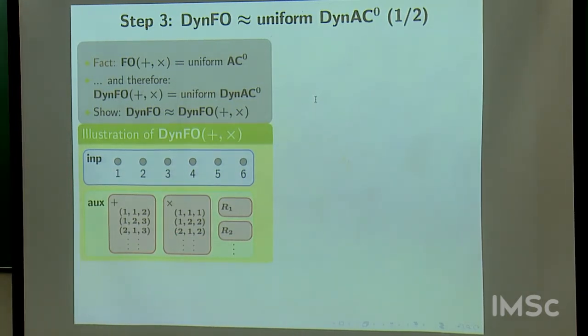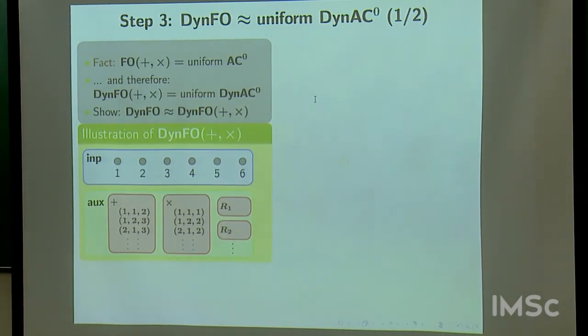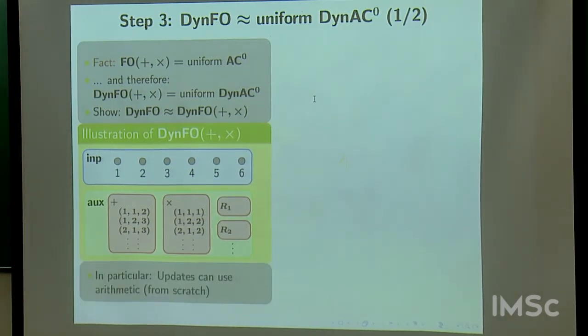So 1 plus 1 is 2, 1 plus 2 is 3, and for each pair you have this available wherever it's defined, or modulo P or whatever. So in particular, updates can use arithmetic, plus and multiplication, even from scratch, even from the beginning when the graph is empty.